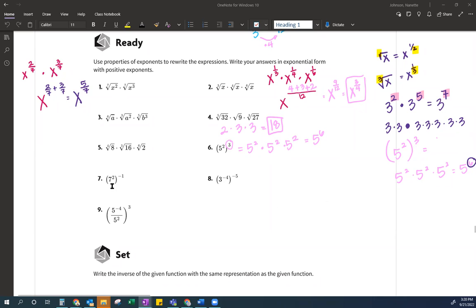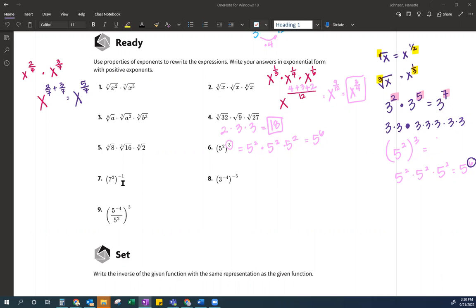From earlier videos, you should have seen that a negative exponent actually means it's being divided by that. That's what that looks like. This just means 1 over 7 squared. Negative exponents mean divided.